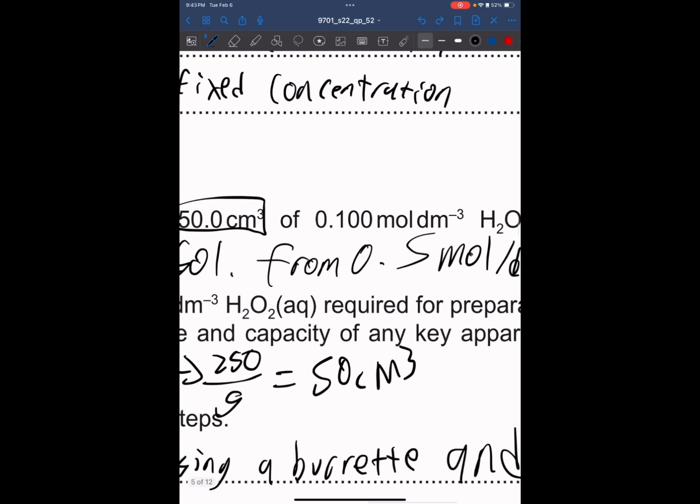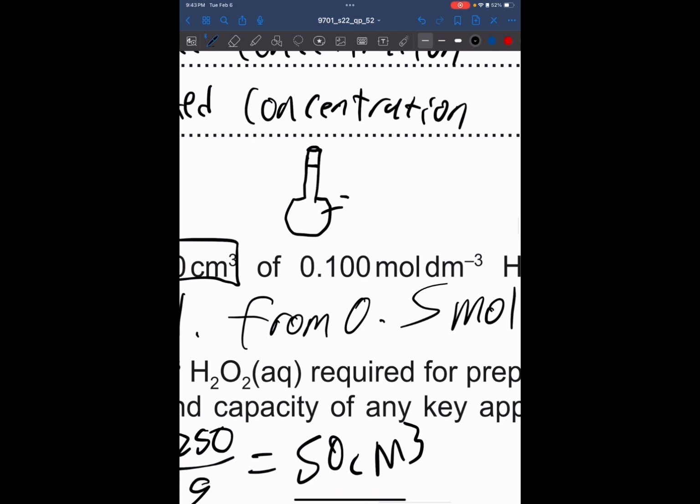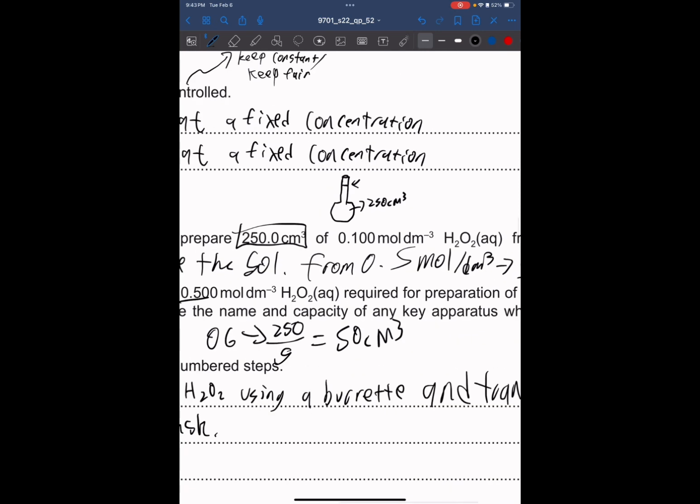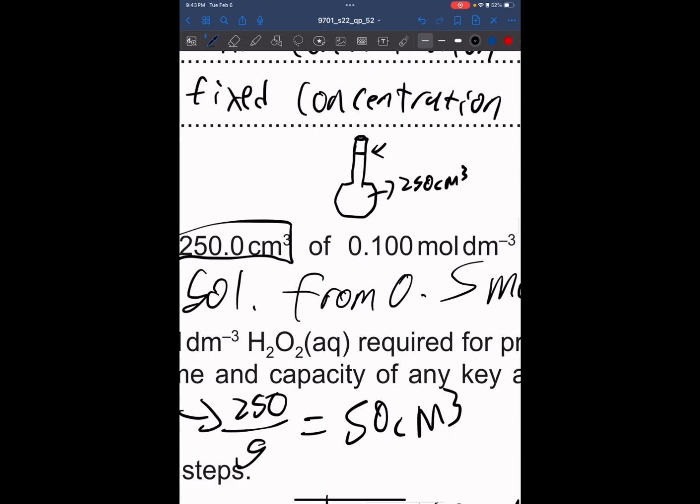But a volumetric flask, which looks like this, is going to have a very long stem, and it's going to have a marking somewhere around here. Let's say it's calibrated to 250 centimeter cube, this marking is going to be very, very accurate. So anytime in a paper 5 question where you're asked to make a new solution, change the concentration, something like that, you're going to use a volumetric flask.